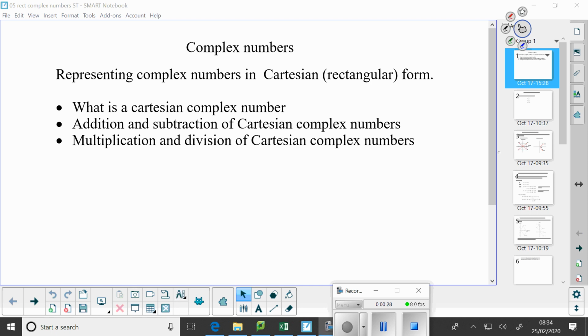But that doesn't matter. It's good. Alright, so we're going to look at what a Cartesian complex number is. We're going to look at how to add and subtract Cartesian complex numbers. I'm going to look at multiplication and division for a complex Cartesian number.